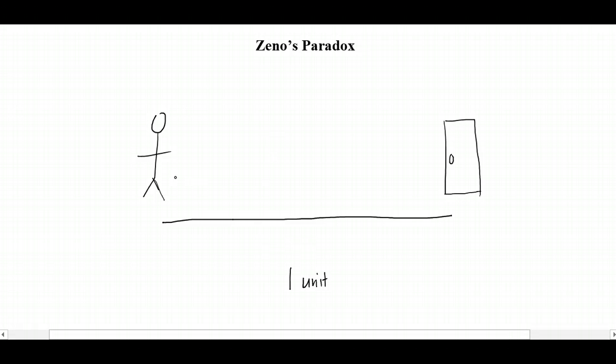If he is going to walk the whole distance to the door, that 1 unit, he's definitely going to have to walk halfway there. So if he's able to walk the entire distance, then he must be able to walk half of the original distance. So 1 unit is equal to half of the unit, plus he's also going to have to walk half of the remaining distance.